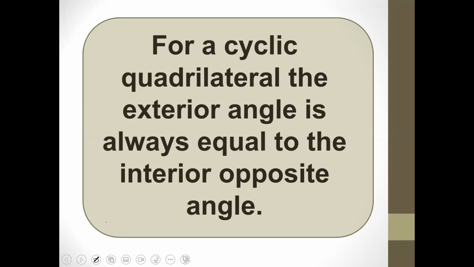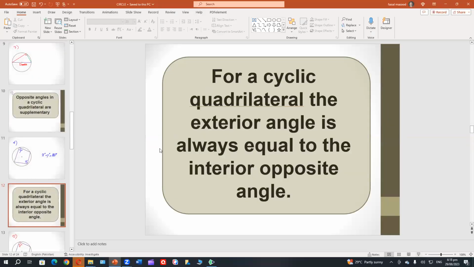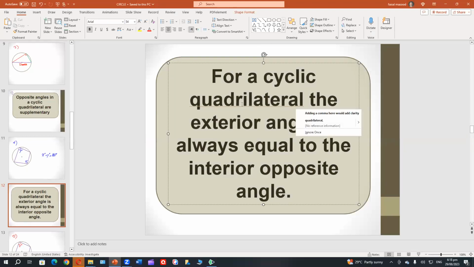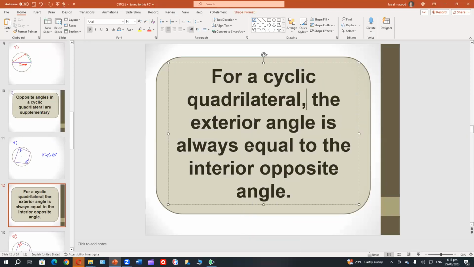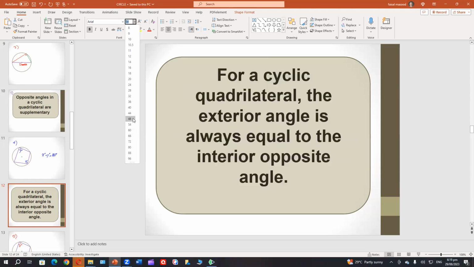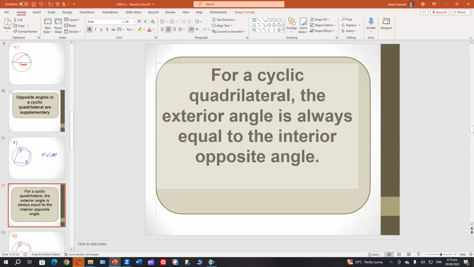For a cyclic quadrilateral, the exterior angle is always equal to the opposite interior angle.